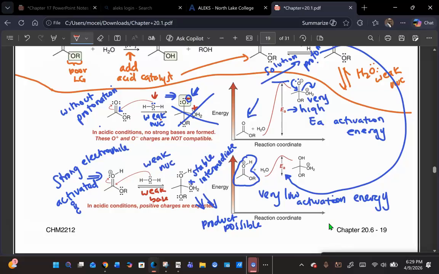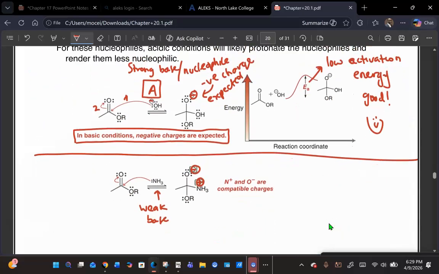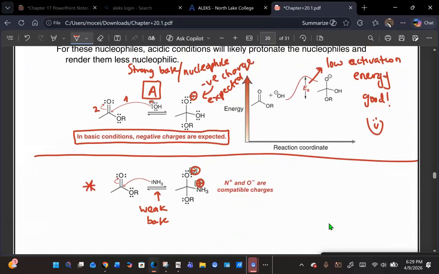One of them should be able to hold the positive charge better, the other one should be able to hold the negative charge better, which is why we needed protonation in that case. Here, you don't need protonation as a P step, even though we don't have a strong nucleophile, because O minus and N plus are compatible charge locations.